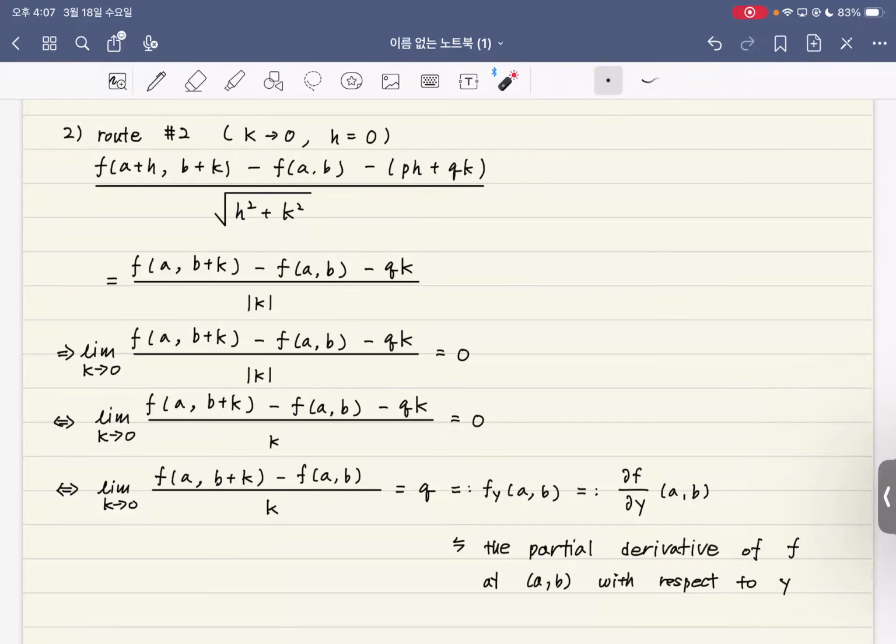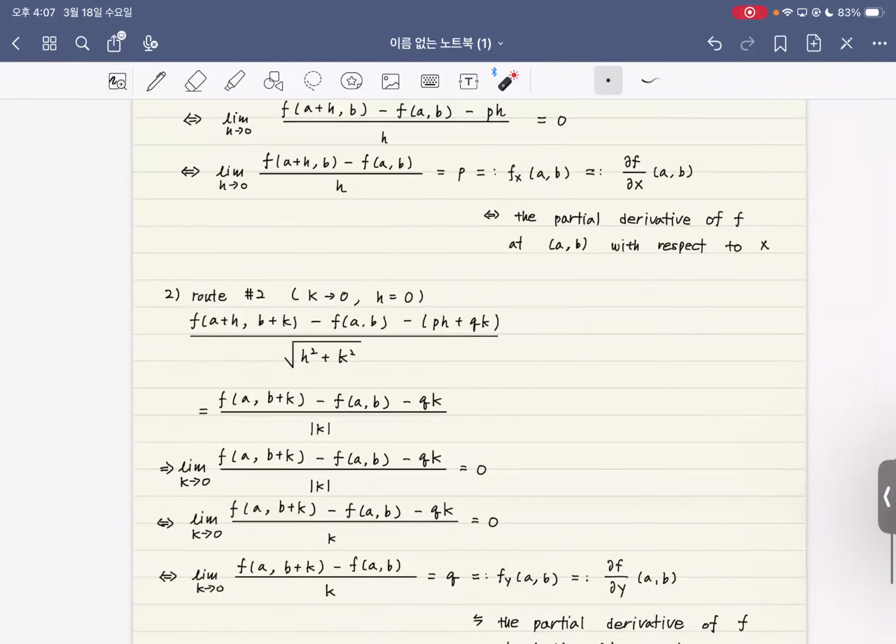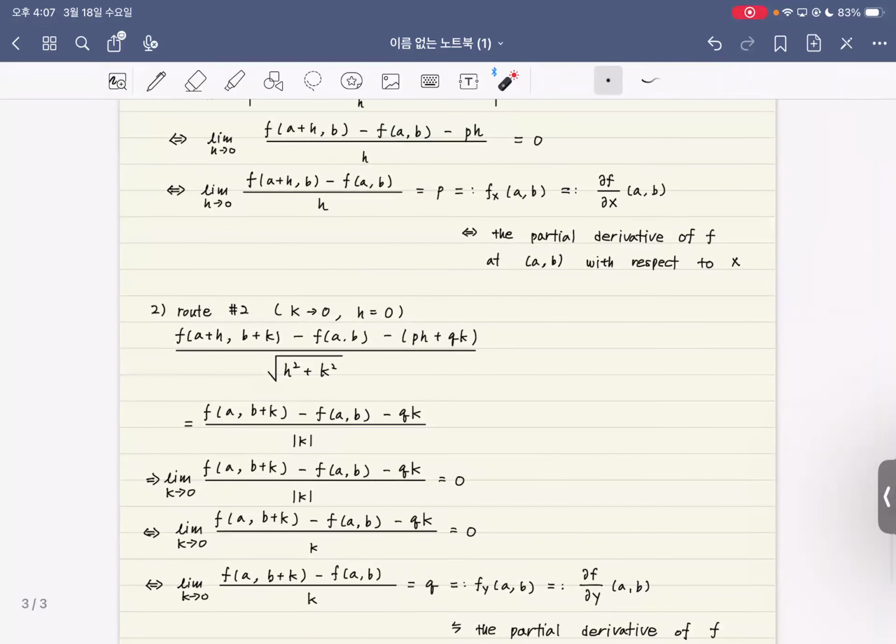Okay, this is how you get these two numbers.